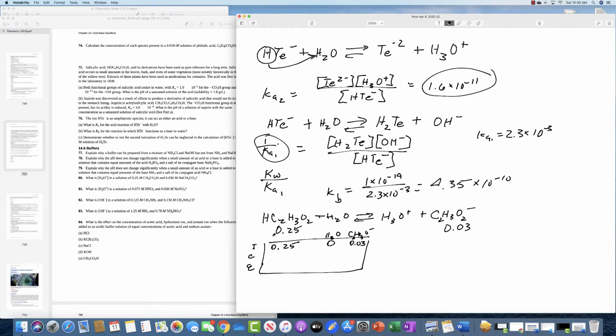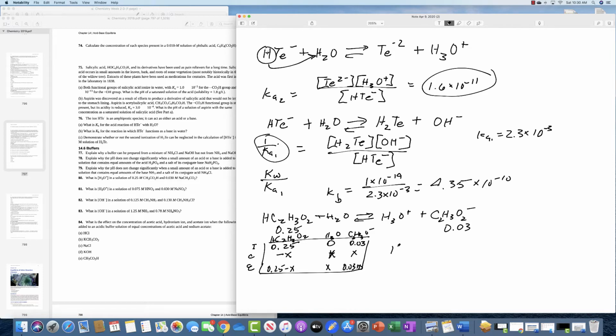And this is HC2H3O2. And the change here is minus X, plus X, plus X. So this is going to be X, and this is going to be 0.03 plus X. And this is going to be 0.25 minus X.